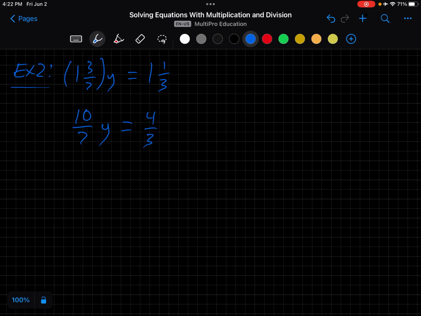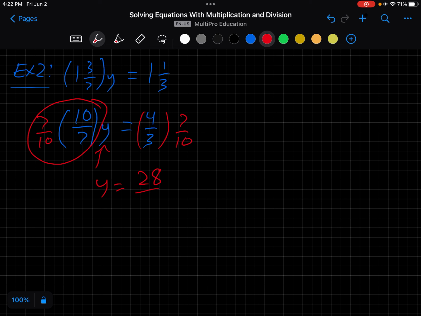So let's say we have 10 over 7 times y is equal to 4 over 3. Alright, now, how do we get rid of this 10 over 7? Well, I think if we multiply that by 7 over 10, then do the same thing on this side, then this all becomes 1, and you're just left with y. 1y is y. So y is equal to 28 over 30, which is equal to 14 over 15.